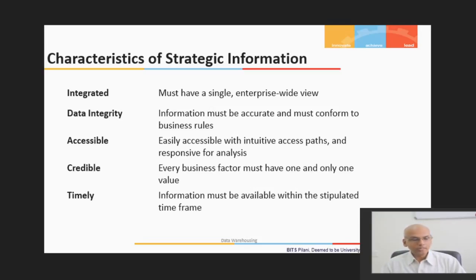So here we have a list of characteristics that apply to the strategic information as required by the organizations for decision making. It should provide an enterprise-wide view. In fact, a departmental view may not be adequate for strategic decision making.